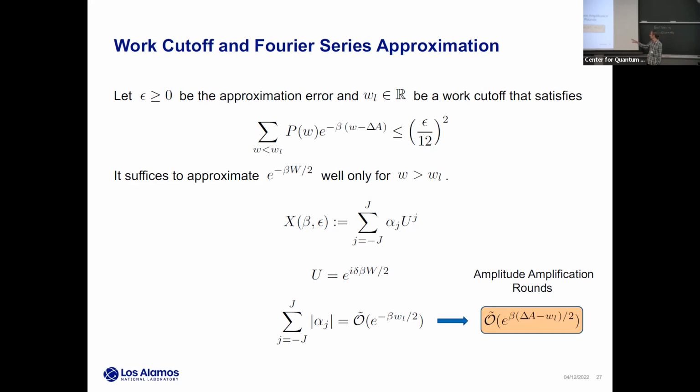So in Nathan's work, you might remember, this is the quantity that classifies the difficulty of implementing this linear combination. And in this case, this corresponds to having to do a number of amplitude amplification rounds that scales like e to the beta times the change in free energy between the two thermal states minus the work cutoff.